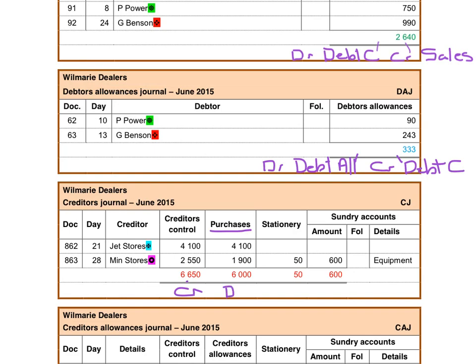We will debit purchases to increase the expense, debit stationery to increase the expense, and debit equipment to increase the asset. If we add up the three amounts that we will record on the debit side of the ledger, it will equal the amount that we recorded on the credit side to indicate that we've completed a double entry, although the debit side was split into three different accounts.